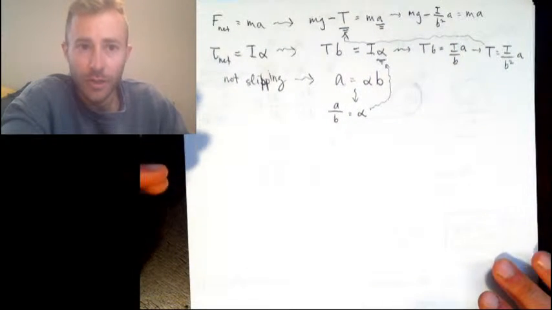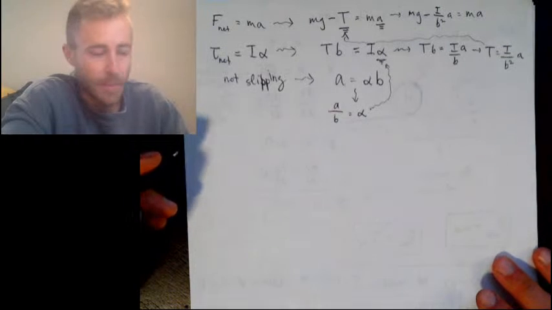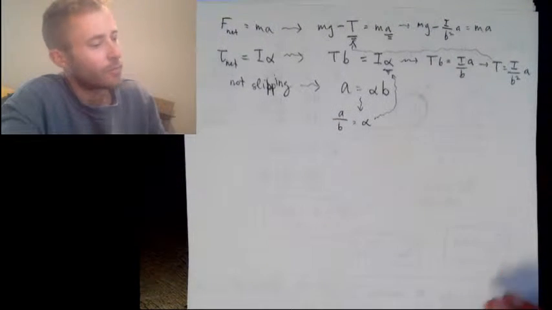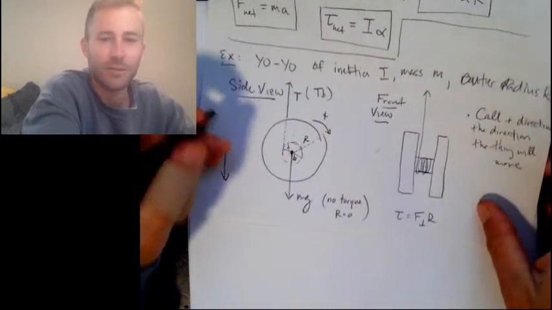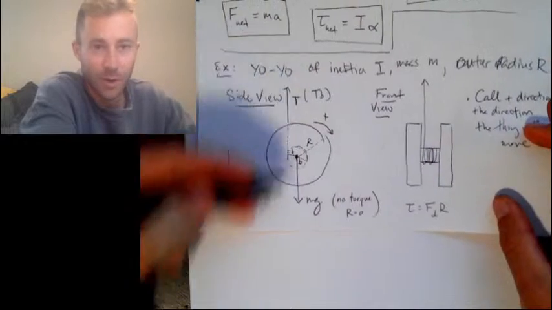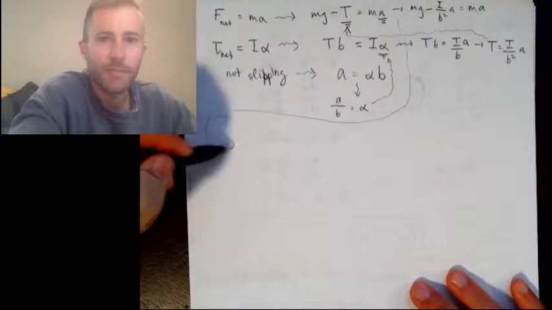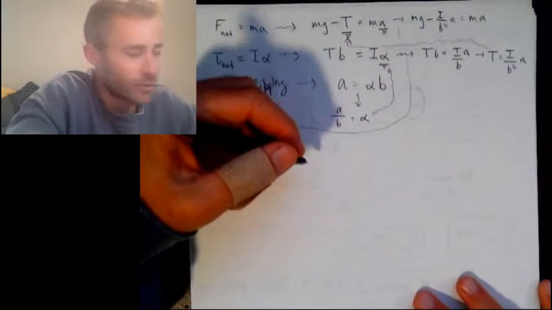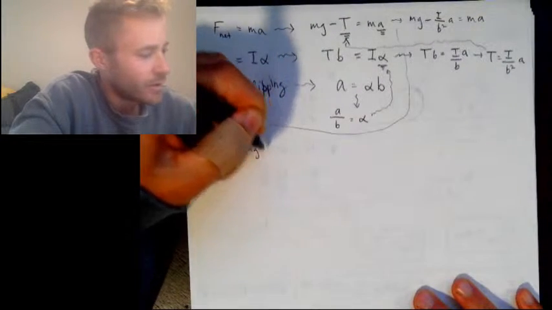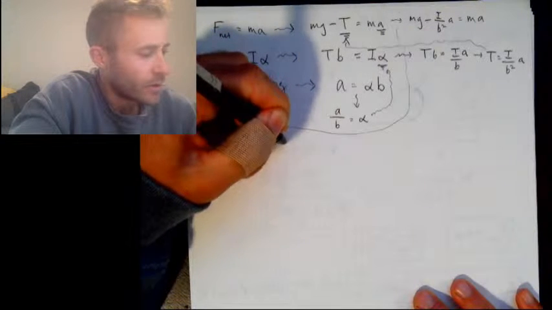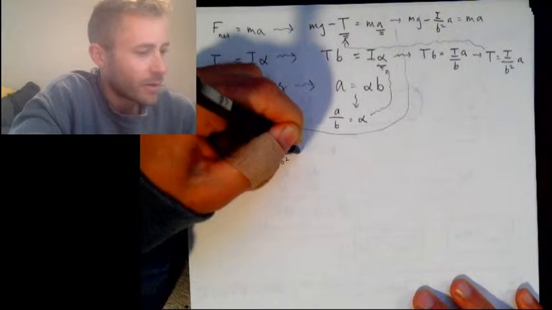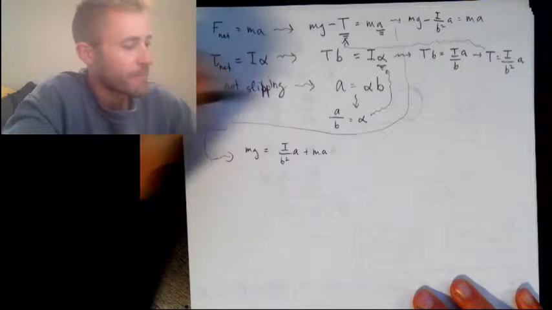I'm trying to solve for the linear acceleration of the yo-yo as it falls down the string. I don't think I said that earlier, but that's what I want to solve for. So I'll take this equation and bring it down here. I add this term to the other side: mg equals I over B squared times A plus MA.